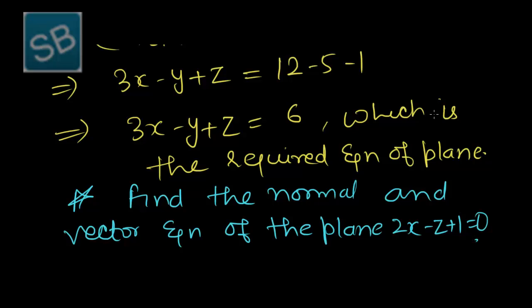So in this we have the equation of plane in Cartesian form. From here we have to get the value of n and then we have to find the value of the passing point and then form the vector equation of plane. So let's see how we can do it.